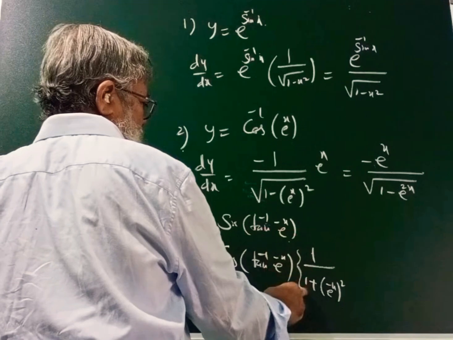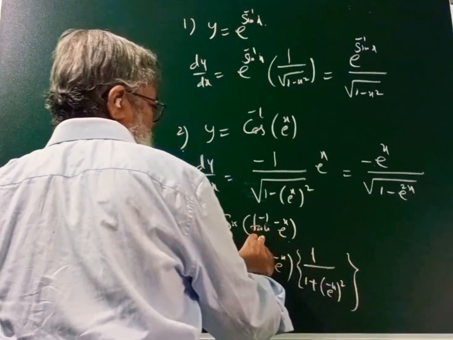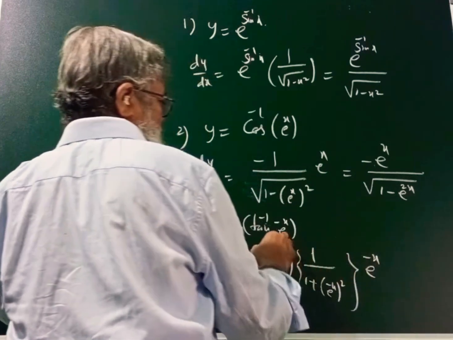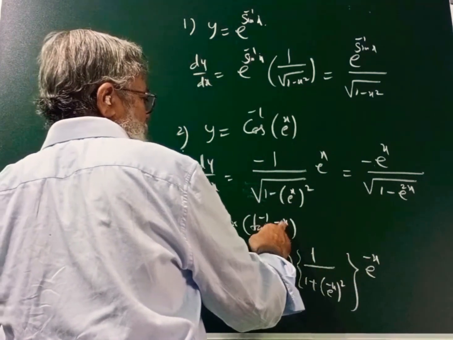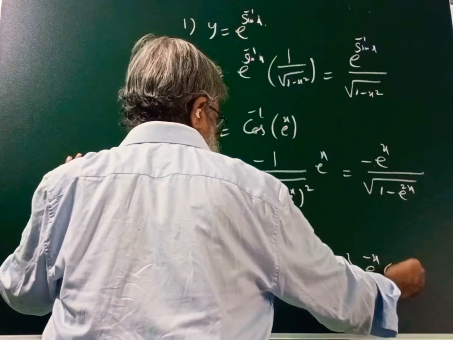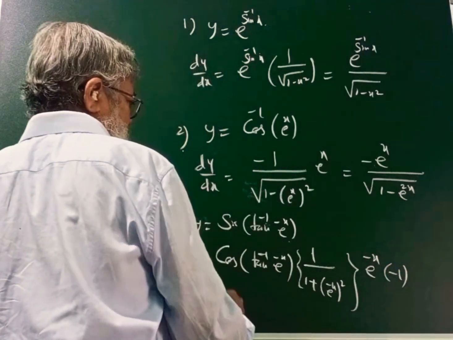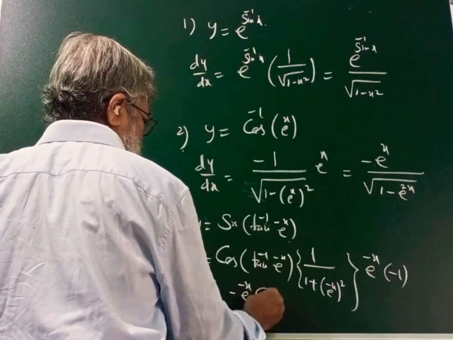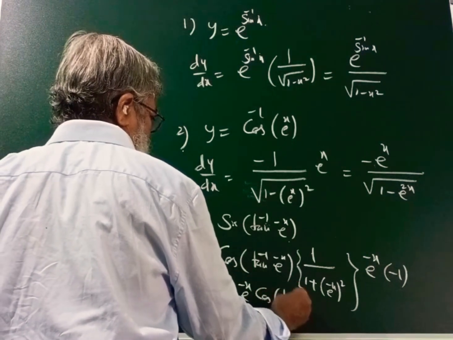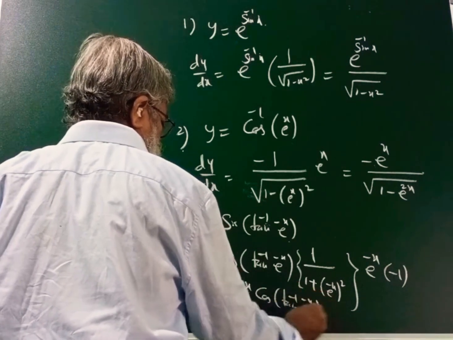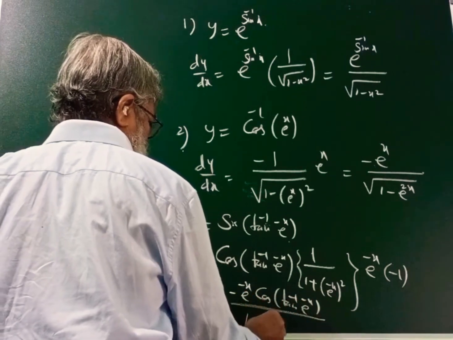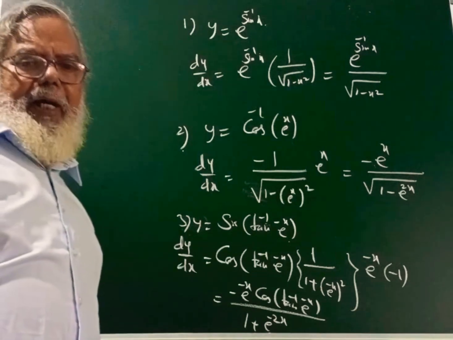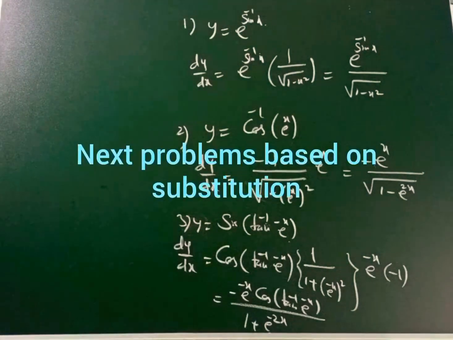The differentiation of e raised to minus x is e raised to minus x, and the differentiation of minus x is minus 1. So our answer is minus e raised to minus x cos of tan inverse e raised to minus x by 1 plus e raised to minus 2x, which is the value of dy by dx.